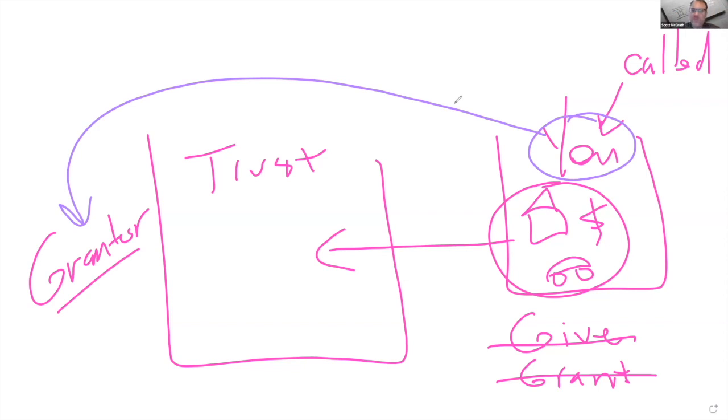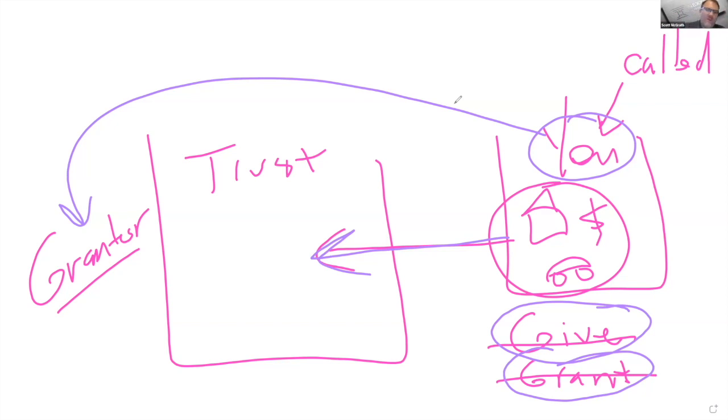Then they make the grantor give or grant the asset over to the trust. Now you just put your customer into the wrong trust, the wrong tax code, the wrong bucket.